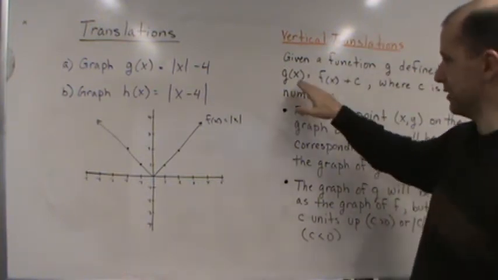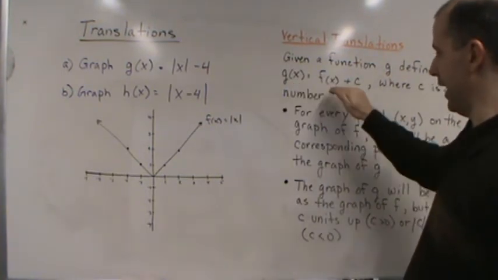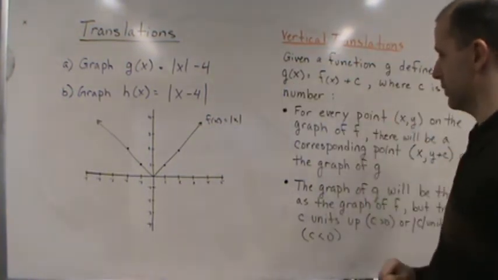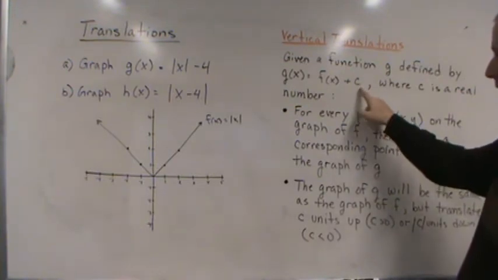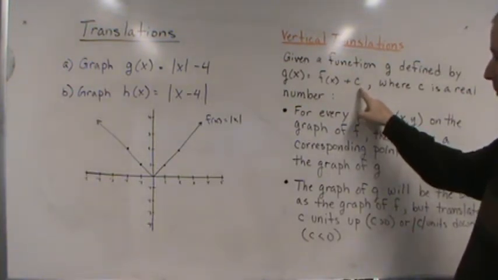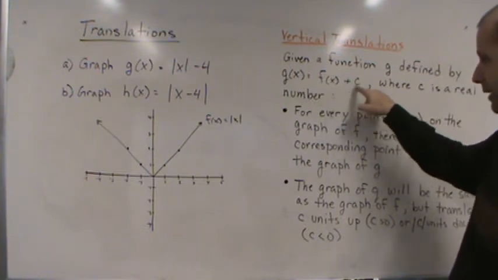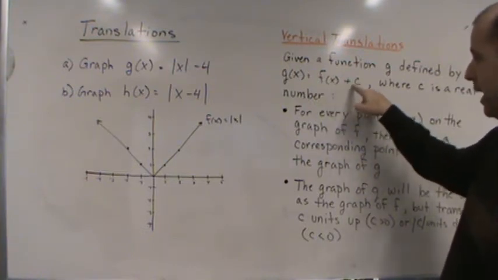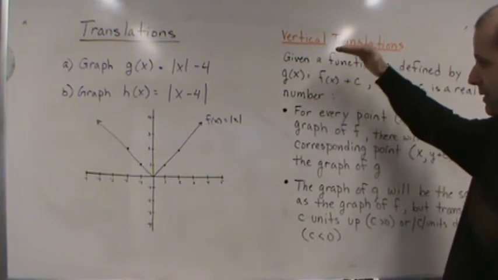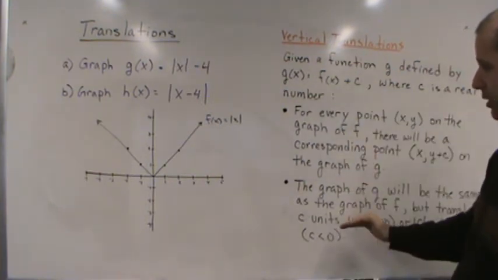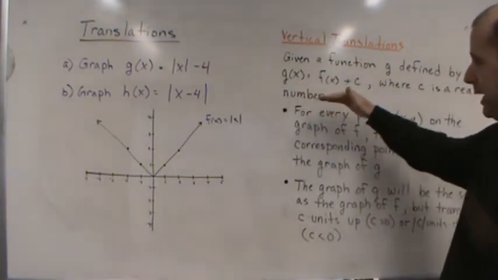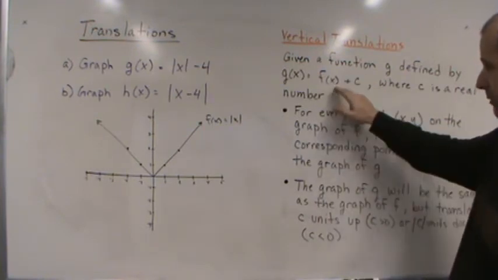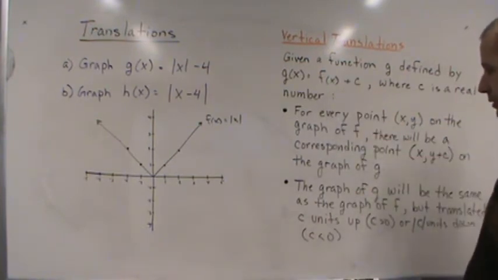In that case, g would be moving f up c units. If c is negative, in other words I'm subtracting c units from f, that would be the same as moving it down c units. So in that case, g would be a translation down of the function f by c units.